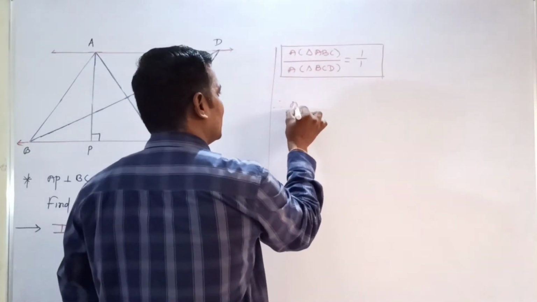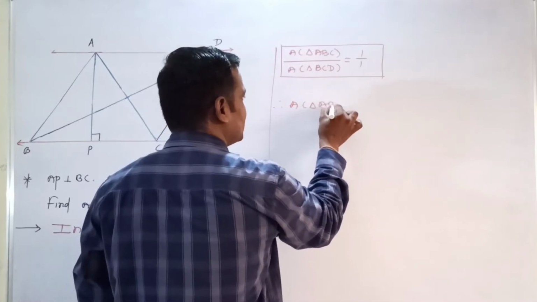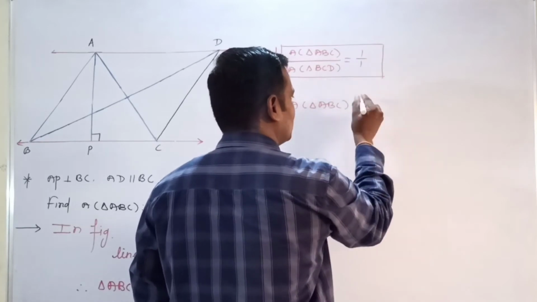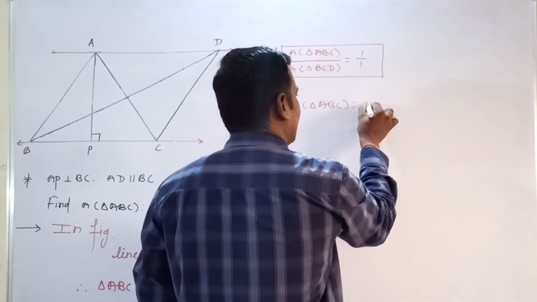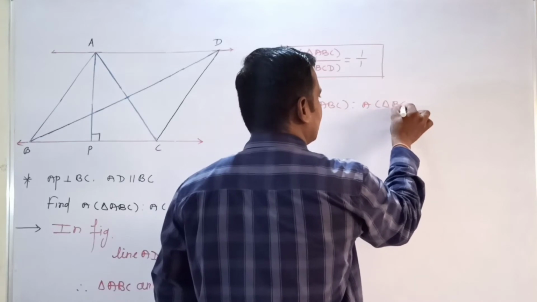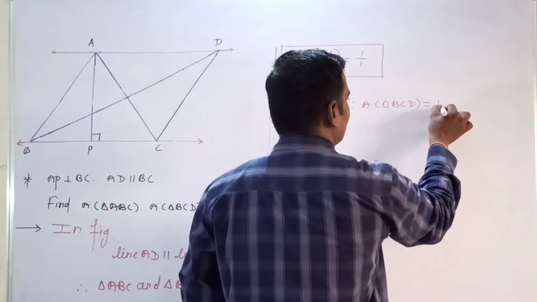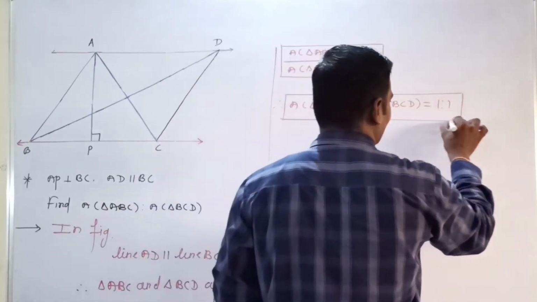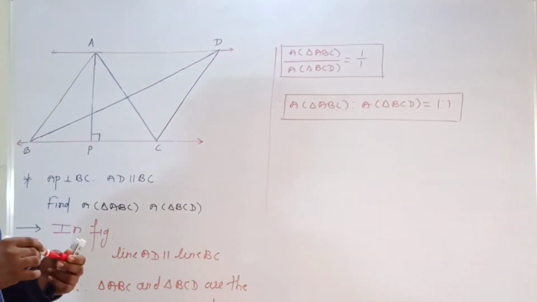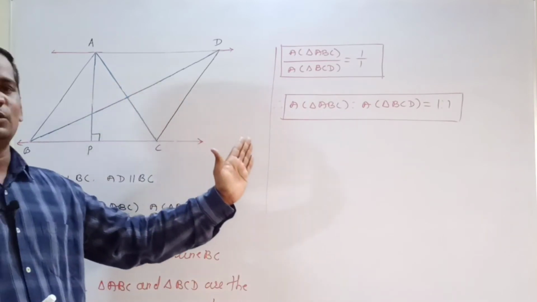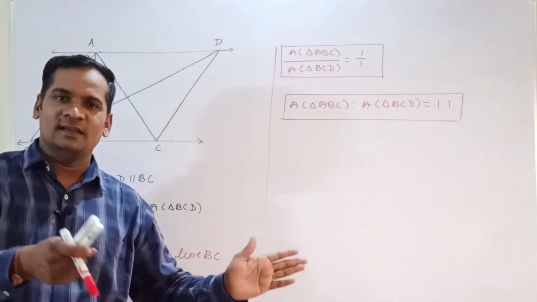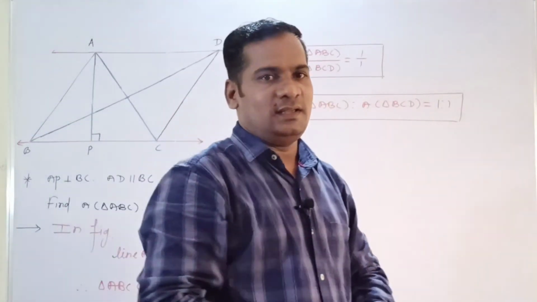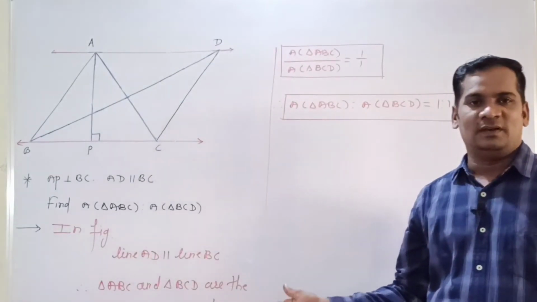Therefore, area of a triangle ABC raised to area of a triangle BCD is equal to 1 raised to 1. Now this is the final answer. As we know that the ratio of areas of two triangles of equal height and equal base is equal to 1 raised to 1. In this way we can easily complete this example number 4.